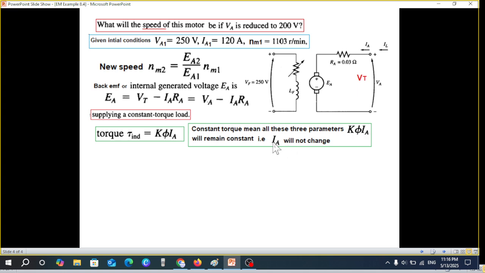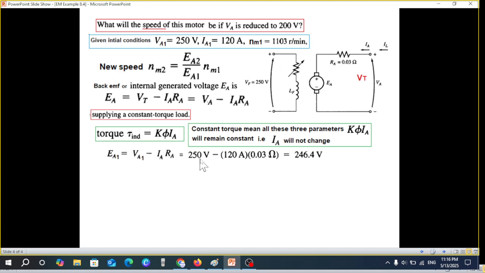That means the current IA will also not change. Okay, now the first case, EA1 from here is VA1 minus IARA. Now remember, since IA is constant, we are not writing it as IA1. It will be IA in both cases.